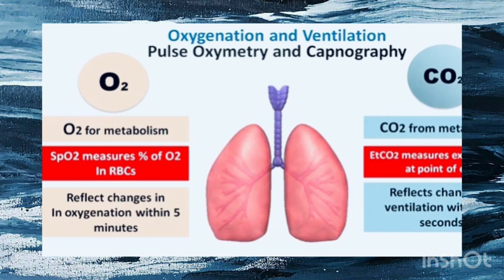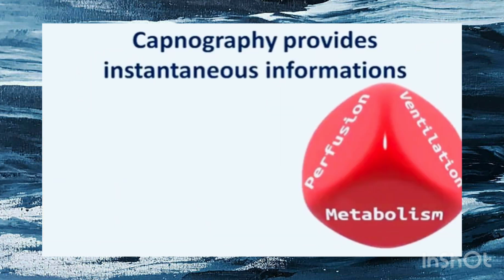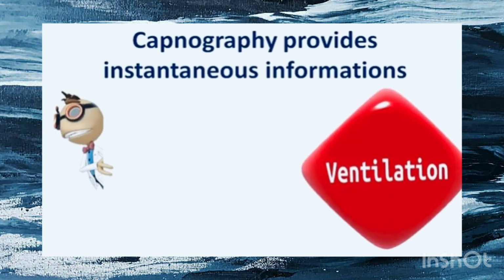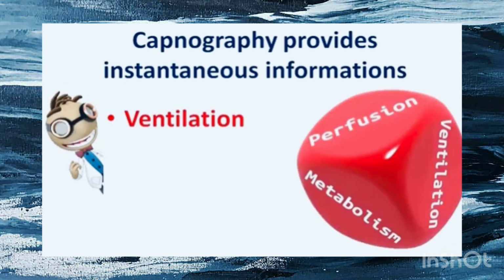For example, when connecting to capnography and pulse oximetry and you hold your breath, capnography immediately shows apnea, whereas in pulse oximeter, oxygen saturations will remain normal for a prolonged period of time. Capnography provides instantaneous information like ventilation, perfusion, and metabolism.